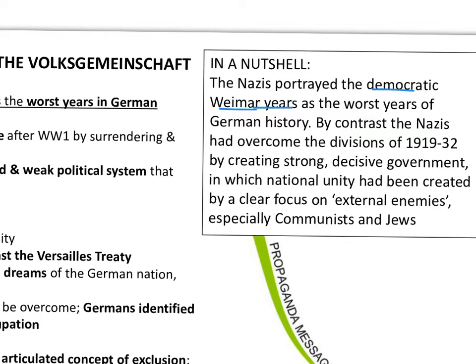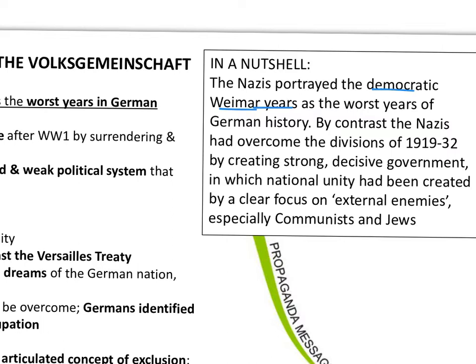The Weimar era was riddled with problems, starting with the Treaty of Versailles, then the hyperinflation, and then of course the Great Depression and mass unemployment. Through it all, Germans lost confidence in the system because it was weakening the nation. That's the message of Nazi propaganda.